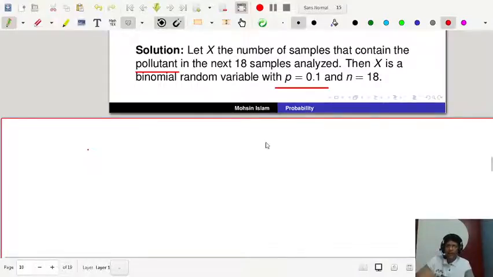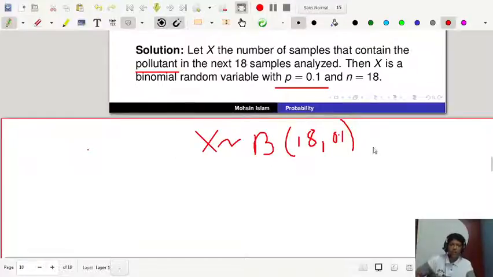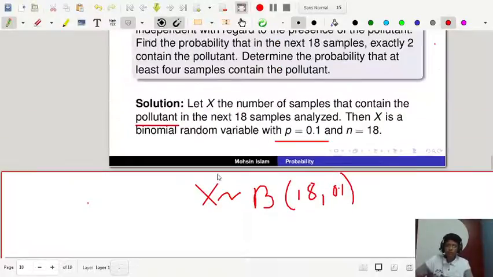So X follows a binomial distribution with n equal to 18 and probability of success 0.1. This is the meaning of X being a binomial (n, p) variate, where n is 18 and p is 0.1. Now you have to calculate the probability that exactly 2 contain the pollutant.